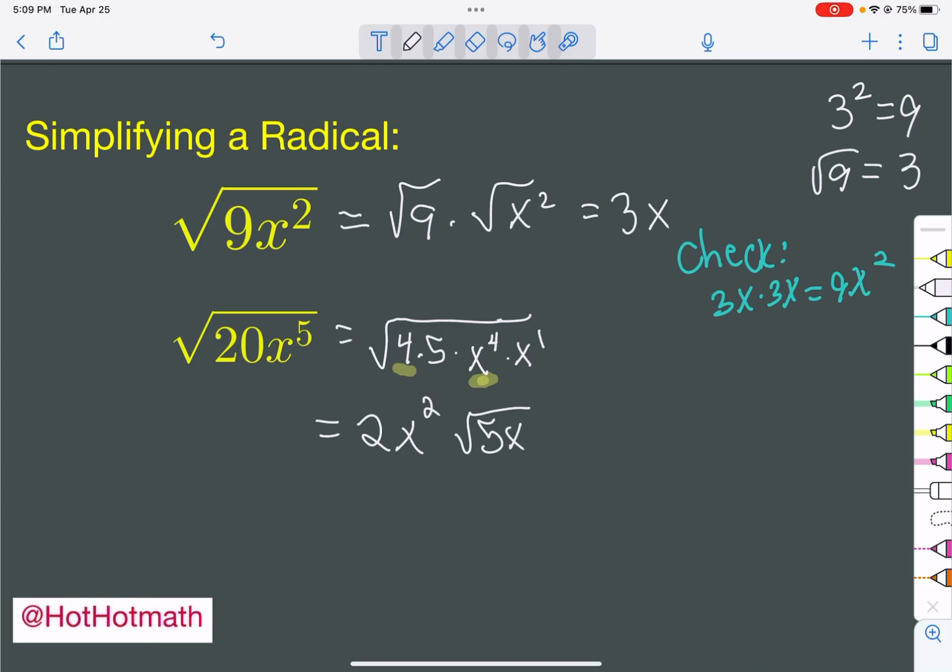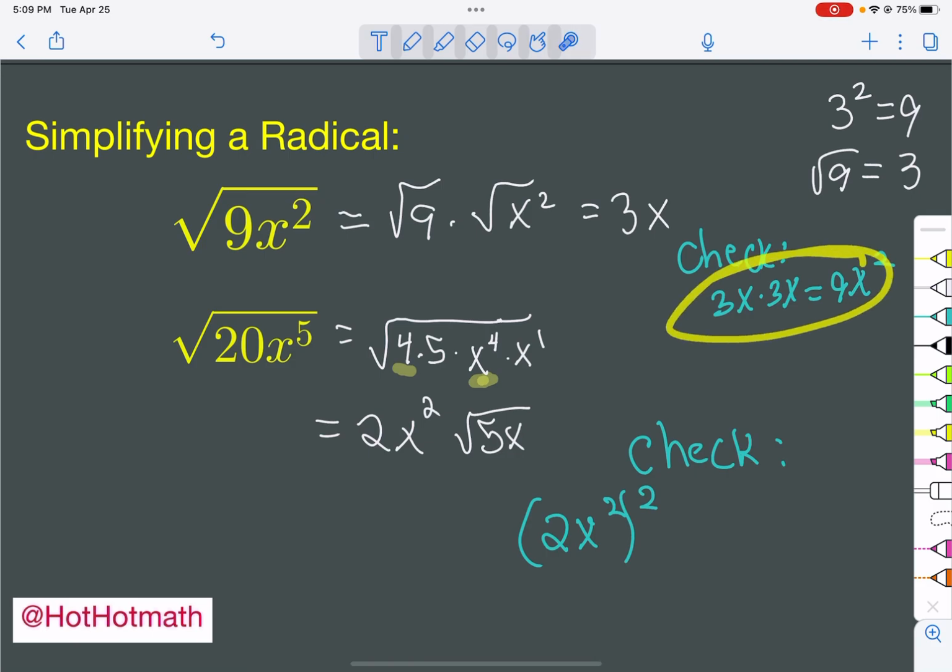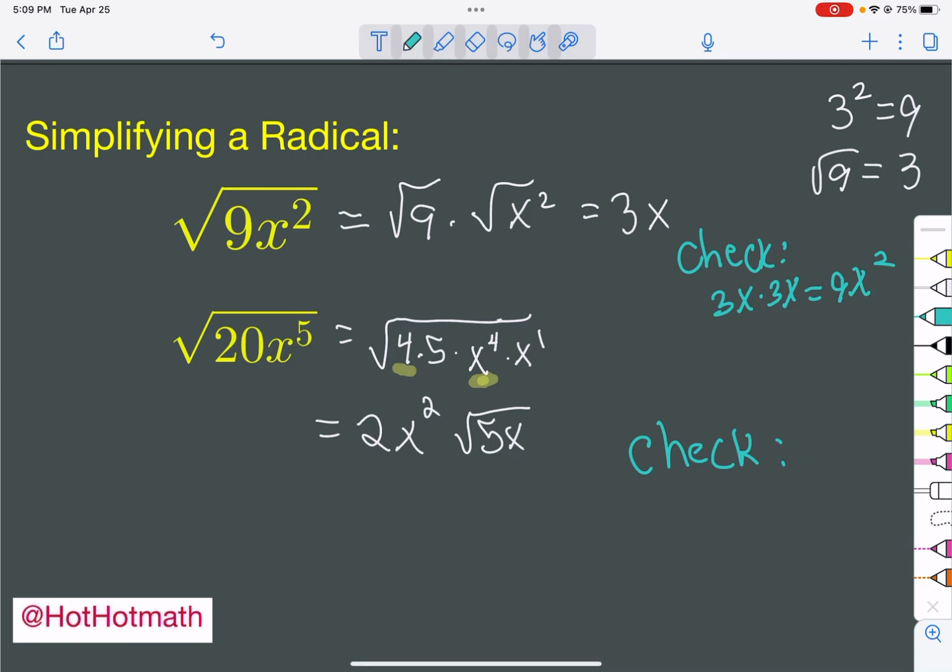And how could you check? Now, this one's a little weirder to check, but we can check our work real fast. We should be able to multiply 2x squared like we did up here, how we took and multiplied it by itself. Let's see, let's do that a little differently. So if I do 2x squared times 2x squared, I get 4x to the 4th.